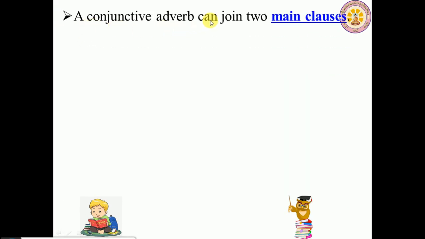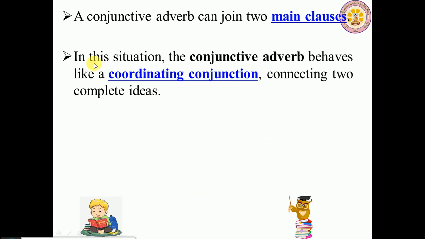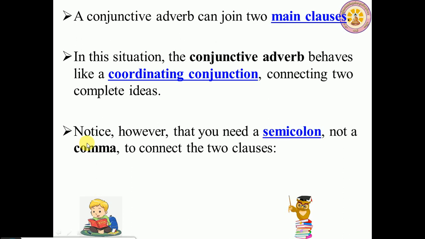A conjunctive adverb can join two main clauses. In this situation, the conjunctive adverb behaves like a coordinating conjunction, connecting two complete ideas. Again, notice, however, that you need a semicolon, not a comma, to connect the two clauses.